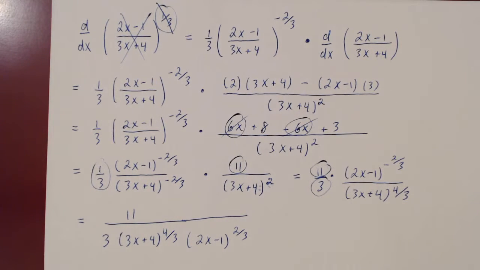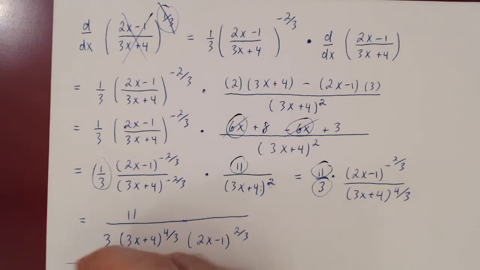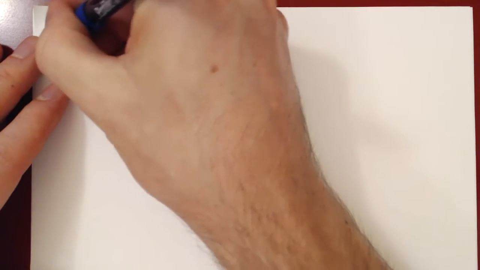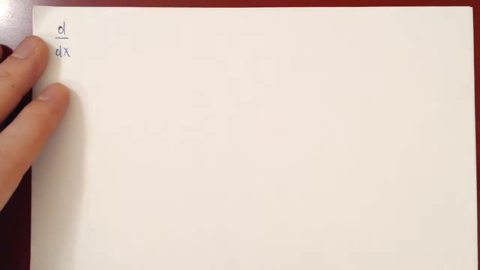Let's do an example now where we have to use the chain rule and the product rule all in the same problem. So this will be our last example. So here's the problem. Let's ask for the derivative, so d over dx. And here's our function.